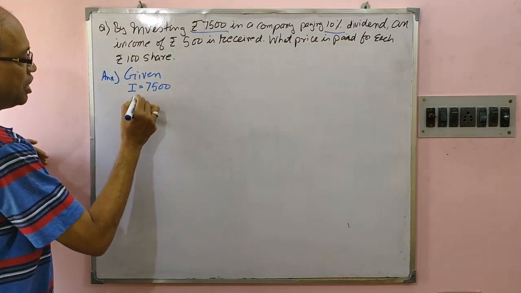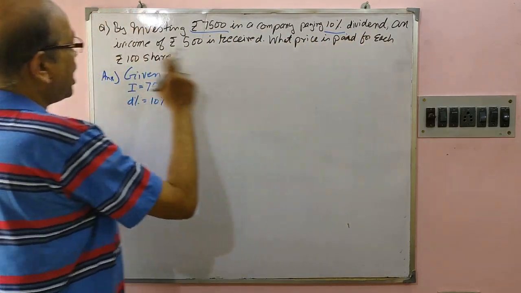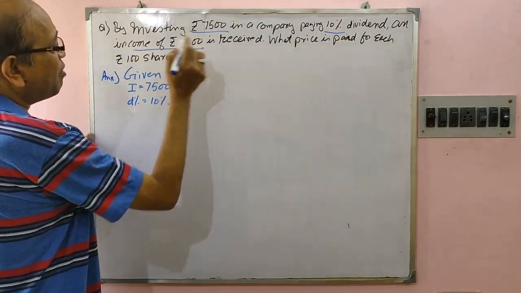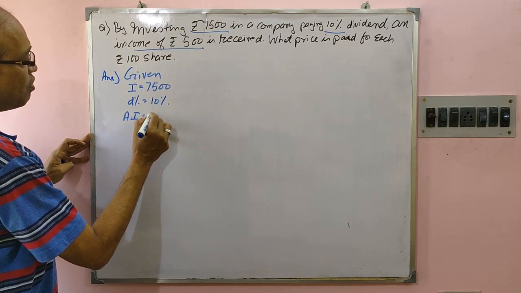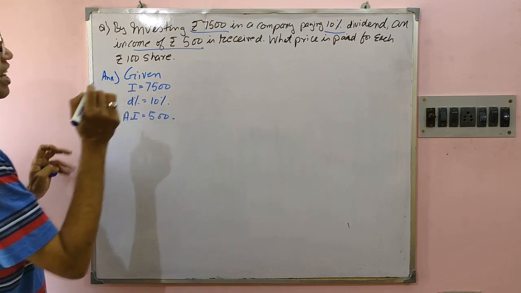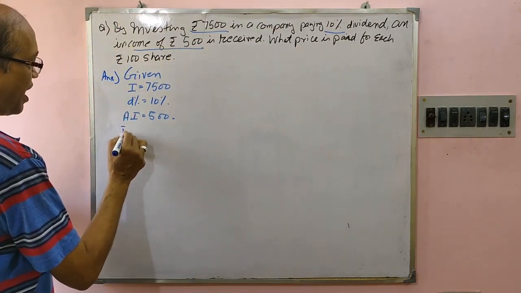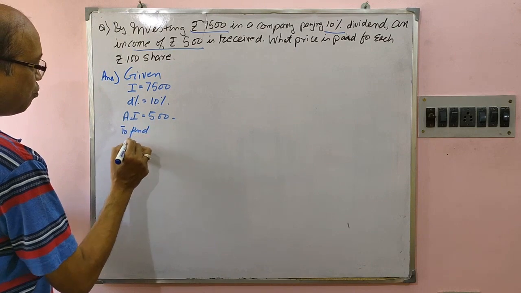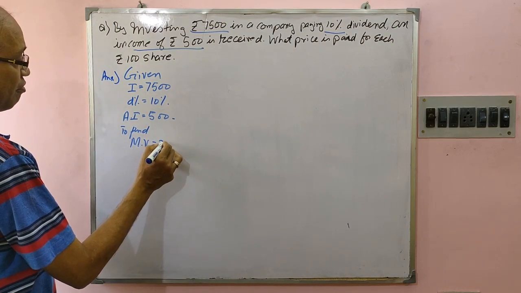That means D percent is 10%. Income of rupees 500, that means annual income is 500. What price is paid? That means to find the market value.